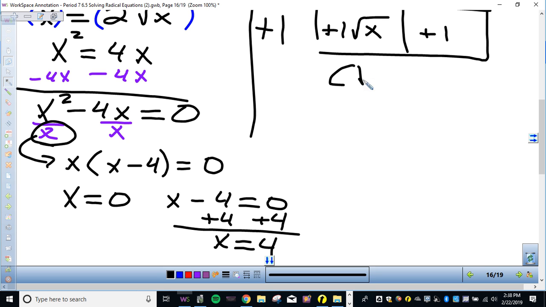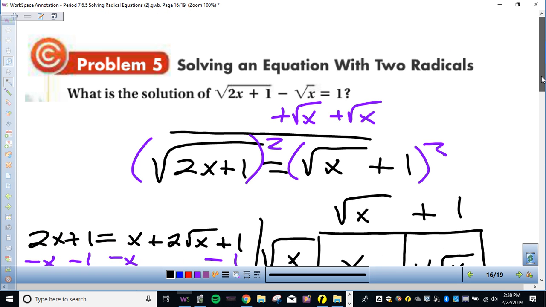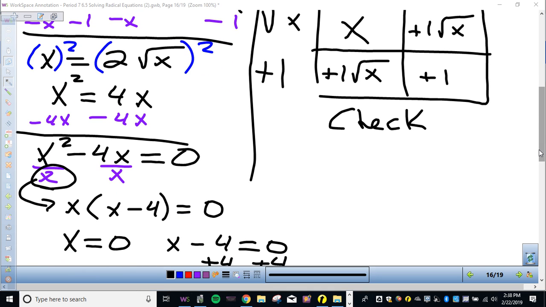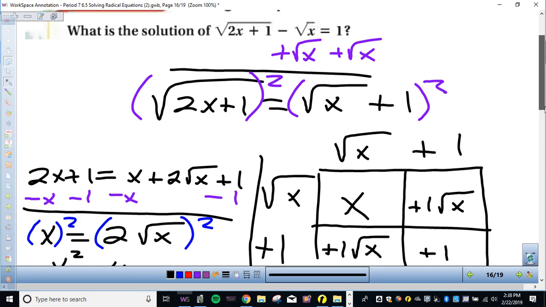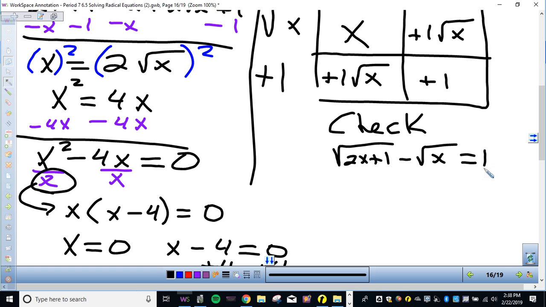So our check, we had 2x plus 1. Okay, so we're going to plug in 0, and then we're going to plug in 4.